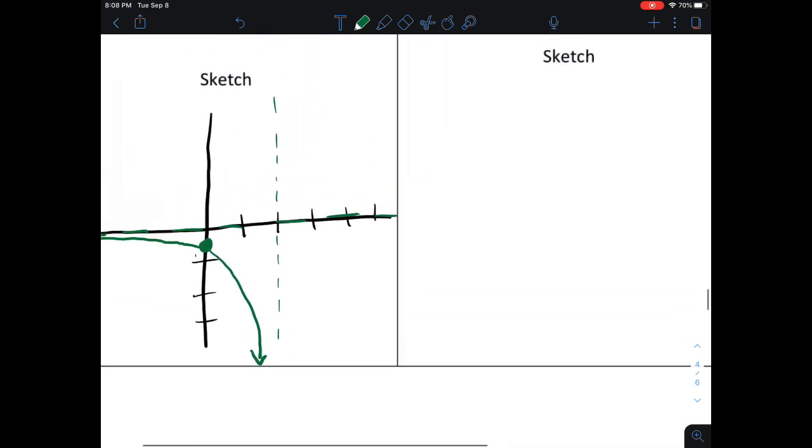Now we have to do the right-hand side. For the right-hand side, we have to either put our graph up here or down below the x-axis. Either way, I can't cross the x-axis because I don't have any x-intercepts. To figure out where it has to go, we pay attention to the multiplicity of the asymptote. If I were to put it beneath the x-axis and make it decrease without bound, the multiplicity of this vertical asymptote would have to be 2.